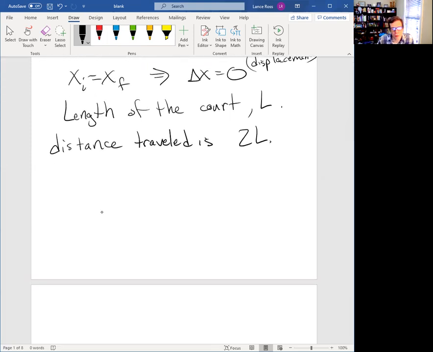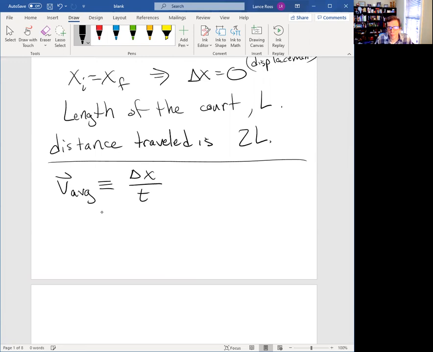So what this leads us to is talking about average velocity. What's your average velocity as you run down the court and back? Well, velocity is defined to be the displacement over time.